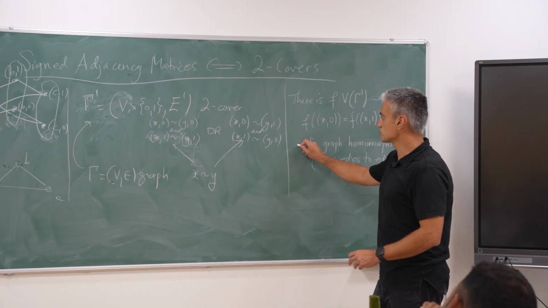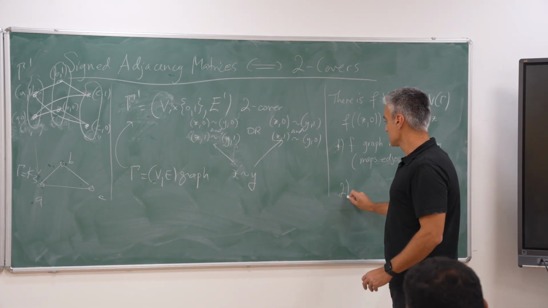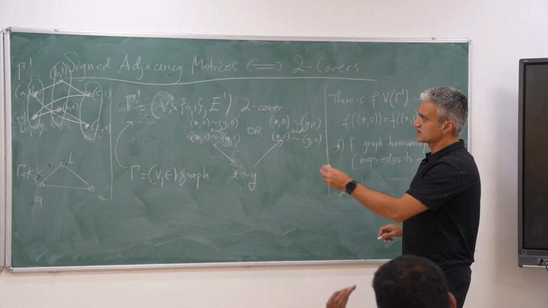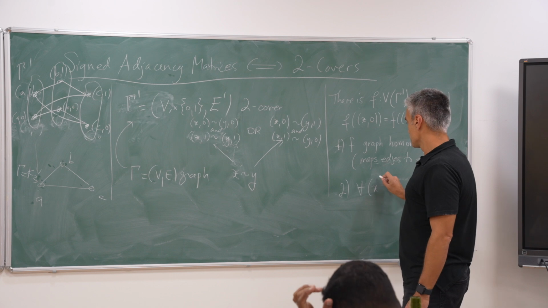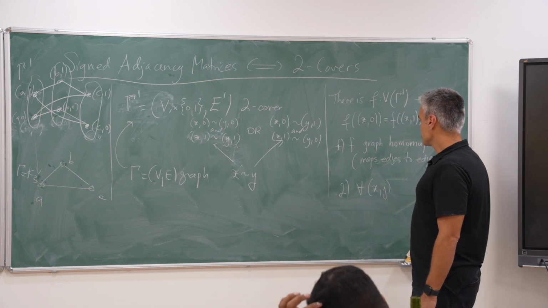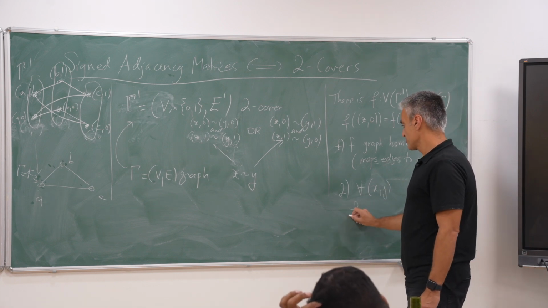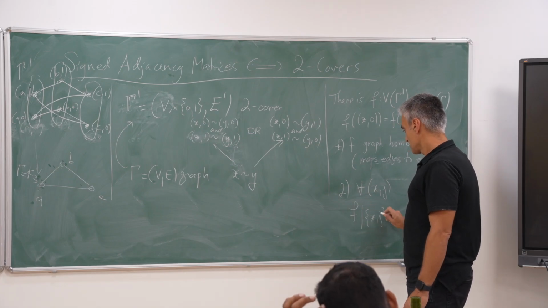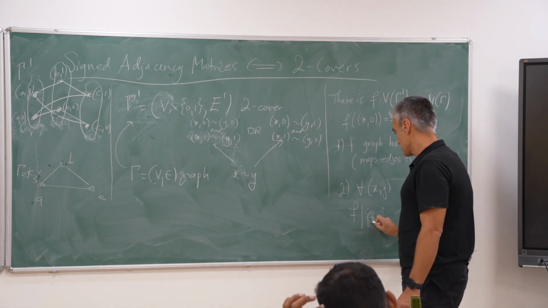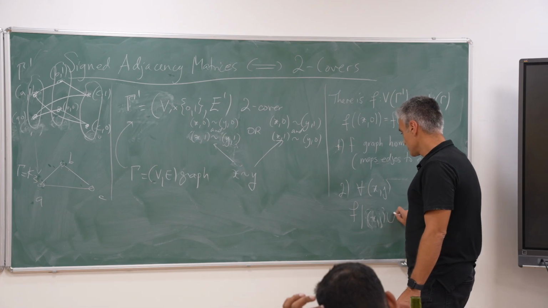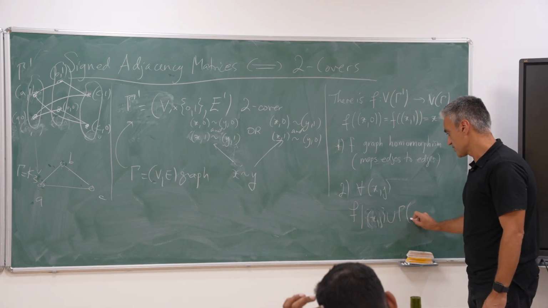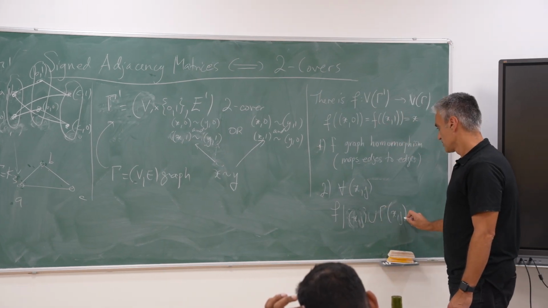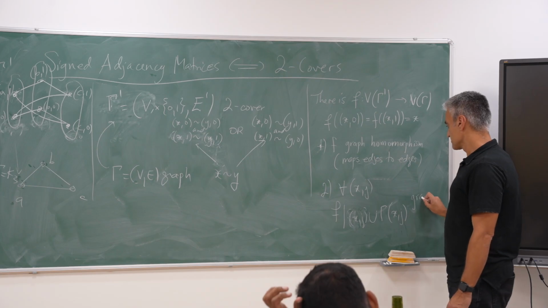So this is the first condition. And second, for every vertex xj in the cover, if you take this function f and restrict it to xj and its neighborhood, the union of gamma xj, it's going to be locally a graph isomorphism.